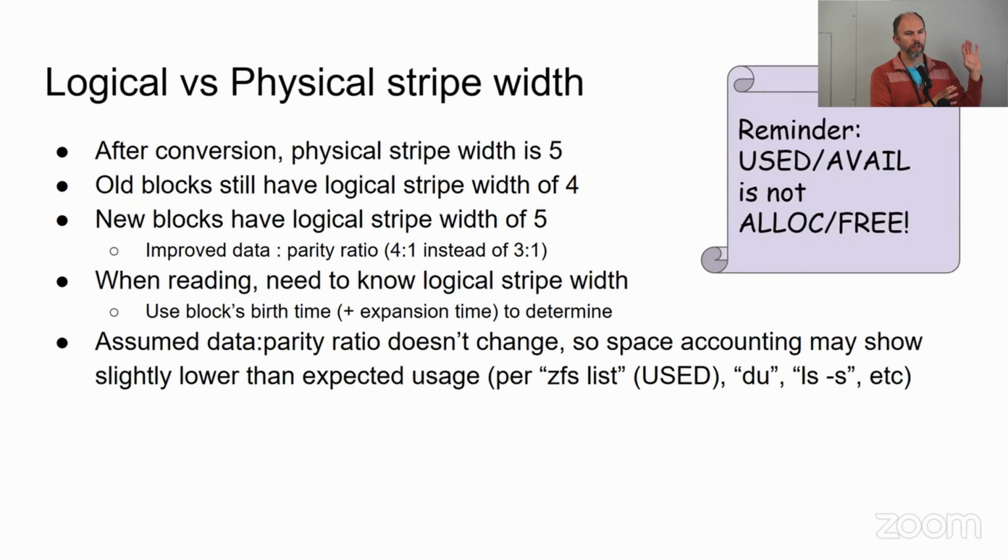But once the expansion completes, we'll switch over to using the new width, so all allocations after that point use the new width. We can use that time point, that TXG, as the cutover time. Any blocks allocated before that cutover time are using the old 4 wide, and any blocks allocated after it are using the new 5 wide allocations.